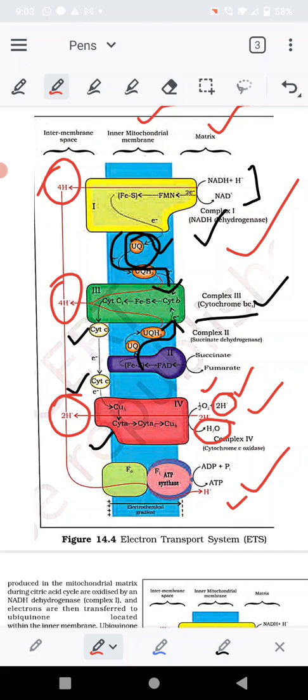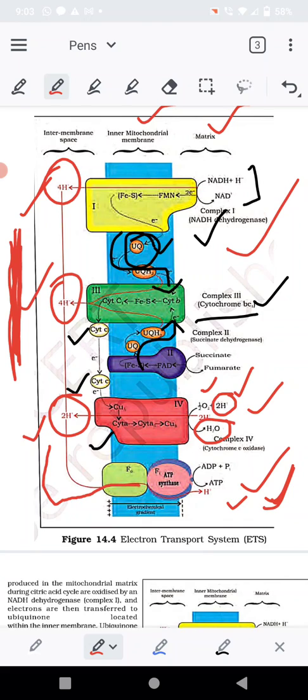Okay. Now we can also see from the diagram that there is an increase in the proton concentration in the inner membrane space as compared to the matrix. So here the concentration of the protons is more if I compare it with the matrix, and these protons are then moved from the inner membrane space into the matrix, and there is a formation of the electrochemical gradient over here.